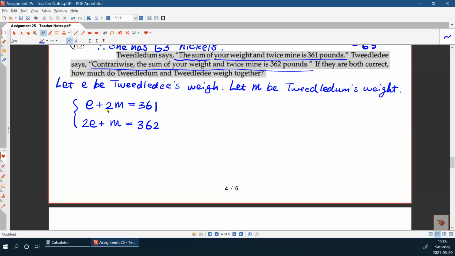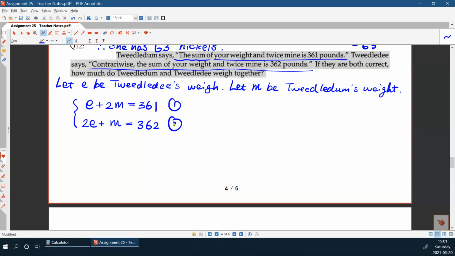In essence, we can solve each of the variables. Note that we don't need to solve them separately. As long as we can solve the sum of E and M, we're done.